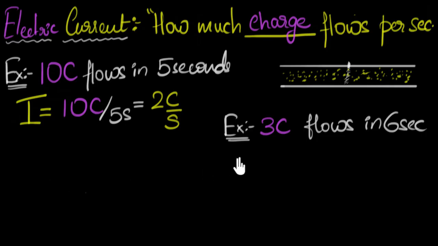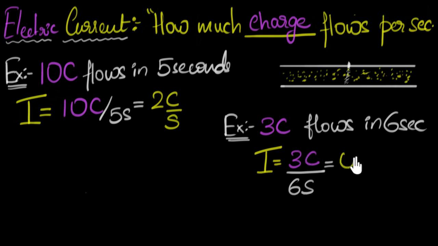All right. Now the current I is going to be 3 coulombs per 6 seconds. And 3 divided by 6 is 1/2. So the current over here is half coulombs per second. And that's how you calculate current.